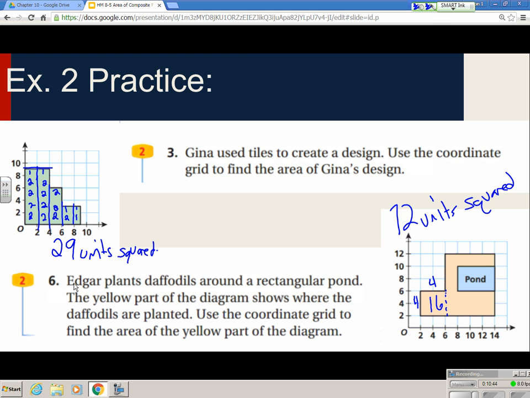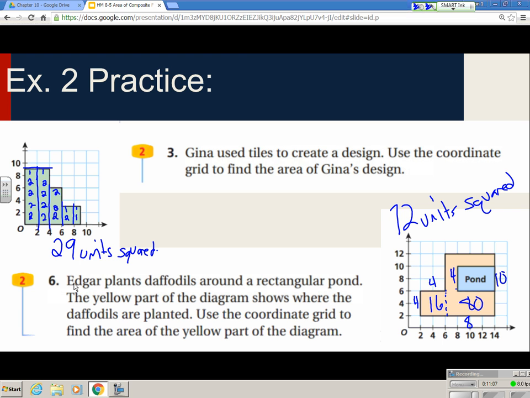The bigger rectangle goes from 14 to 6, which is how much? 8. And 2 to 12, which is 10. So the big square is actually 80. However, we have to get rid of that pond space. So the pond goes from 6 to 10 on the height, which is 4.